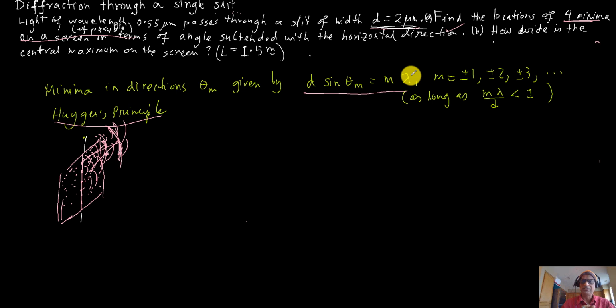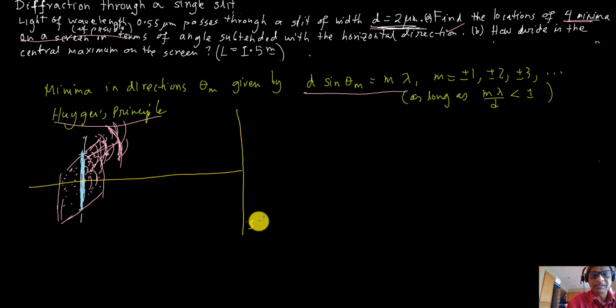So there is actually a nice trick. We just look at this front. So this is the front. And I want to know on the screen, so let's see, here is the screen.